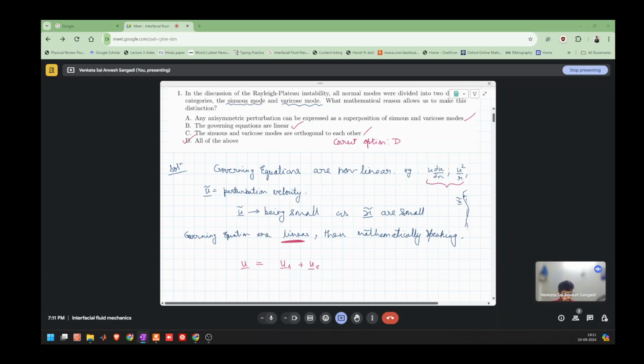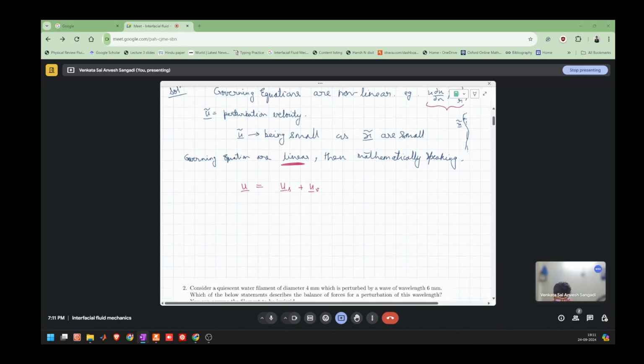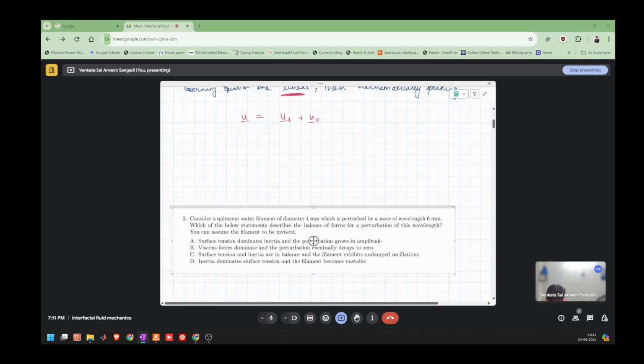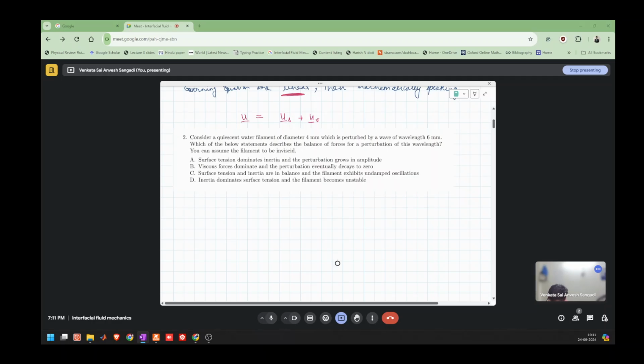So now we have the next question. Consider a quiescent water filament of diameter 4 mm which is perturbed by a wave of wavelength 6 mm. Which of the below statements describes the balance of forces for a perturbation of this wavelength? You can assume the filament to be inviscid.